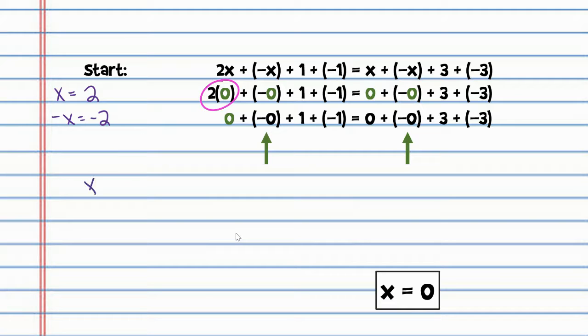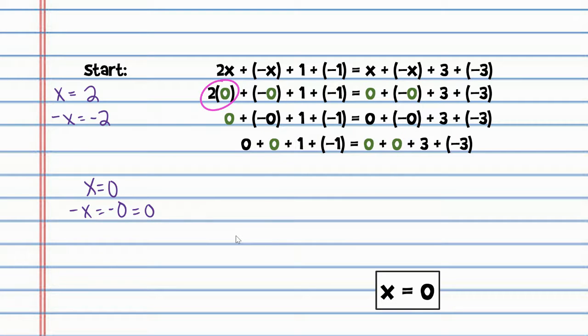But in this case, x is equal to 0, which means negative x is equal to negative 0. But we don't say negative 0 because 0 has no value, which means it can't be negative. So negative 0 is just equal to 0. So let's go ahead and change these negative zeros to zeros.